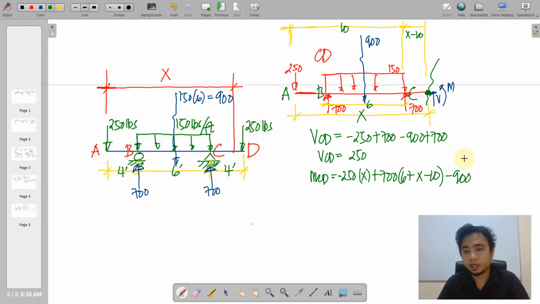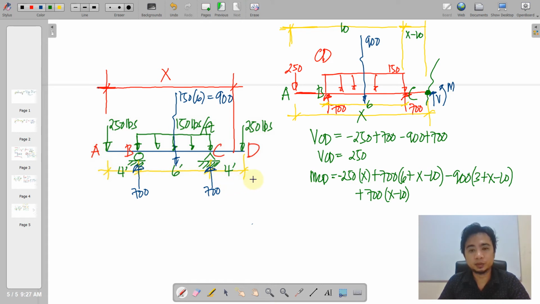We have here the 900, and then the distance from this up to this point, of course this is half of 6, so we write that 3, and then add this plus x minus 10, and then the 700 here times the distance x minus 10. So we simplify this, and this will be our moment equation within the boundaries of CD. It covers x from 0 up to x less than 14.